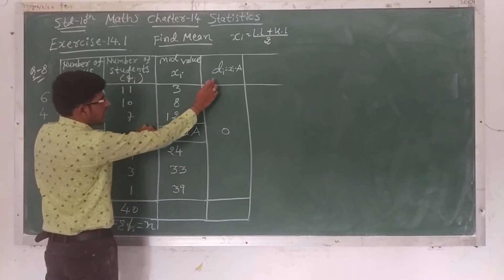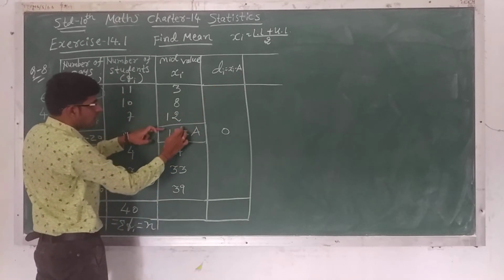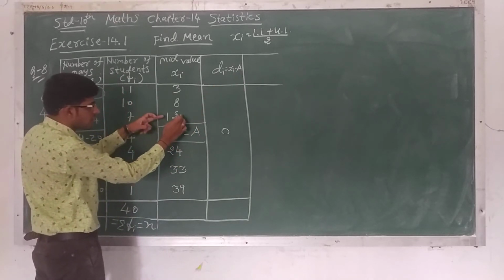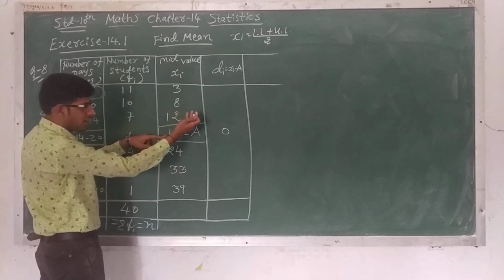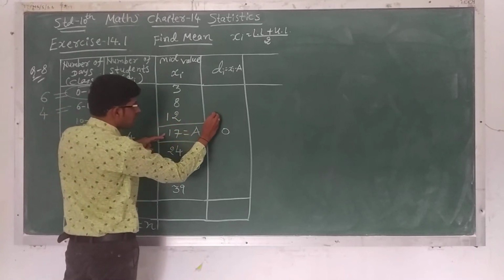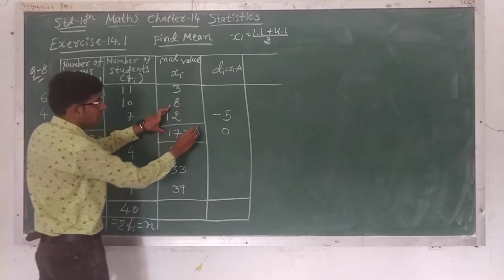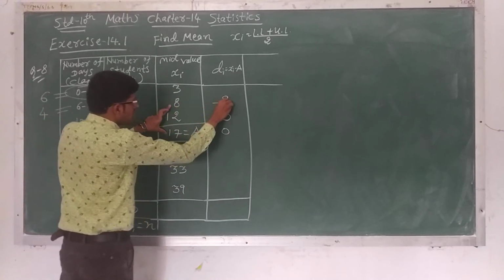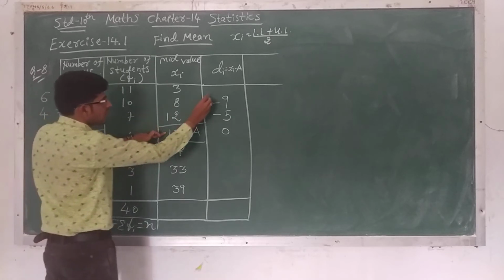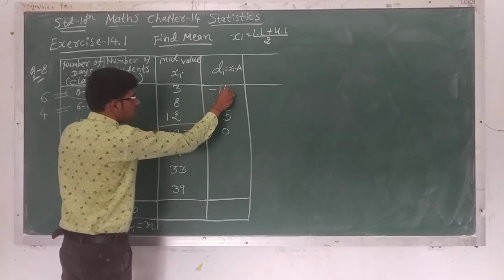Here xi minus a, so 12 minus 17. We have to subtract smaller from bigger, so the answer will be negative. So 12 minus 17, minus 5. Next 8 minus 17, so minus 9. Next 3 minus 17, so minus 14.